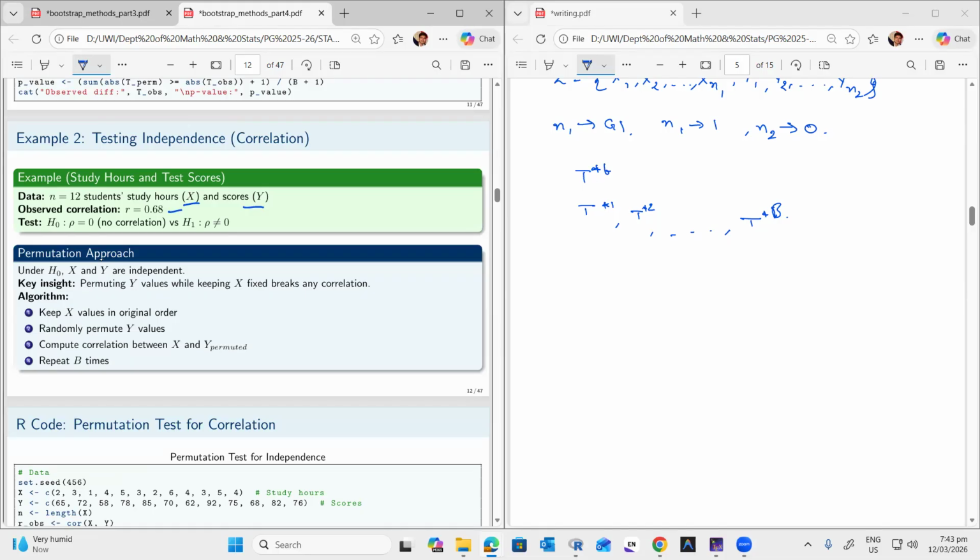We want to test the null hypothesis that the correlation rho equals 0, meaning there is no correlation, versus the alternative hypothesis that rho is not equal to 0. Under H naught, X and Y are independent, and the key point is that permuting Y values while keeping X fixed breaks any correlation.